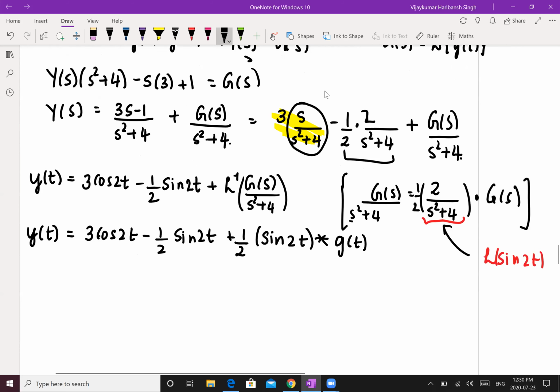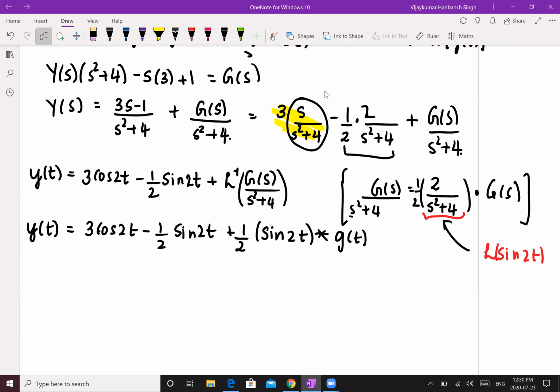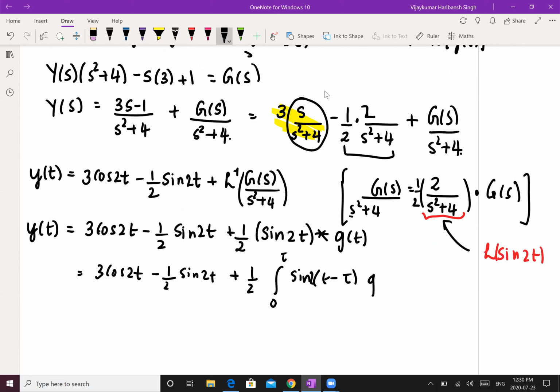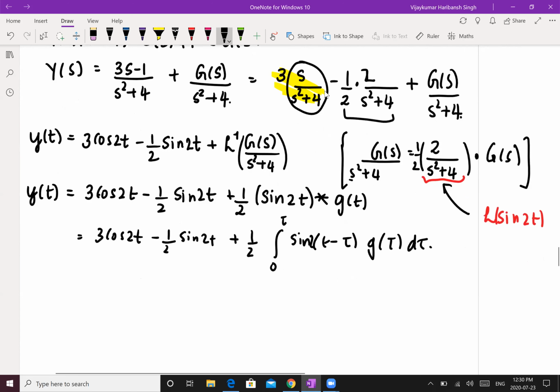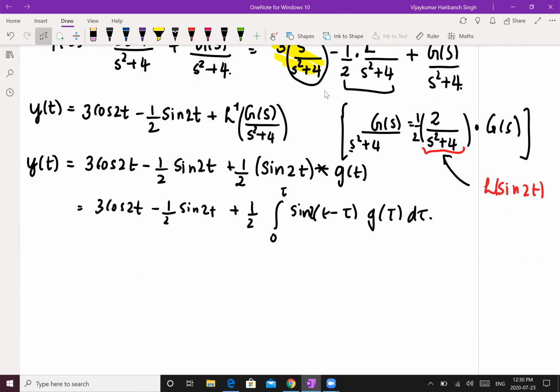And if you want to write this as an integral, we get cos of 2t minus half sine 2t plus half integral 0 to t of sine of 2 times (t minus tau) g of tau d tau. So this is the setup.